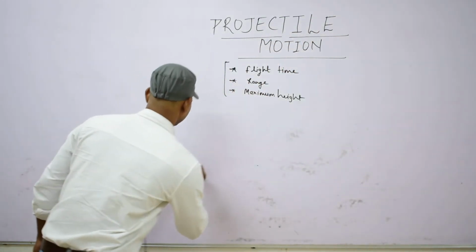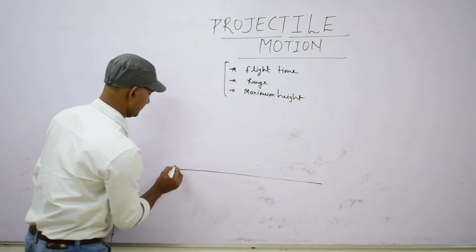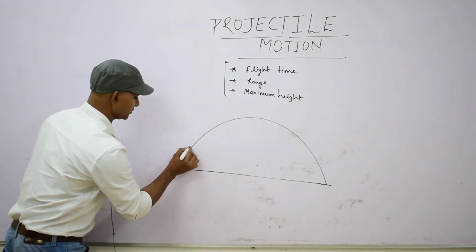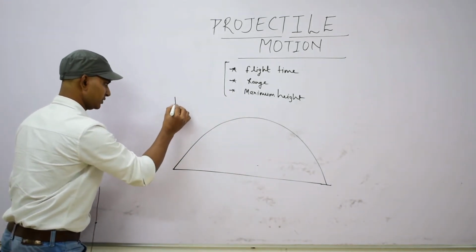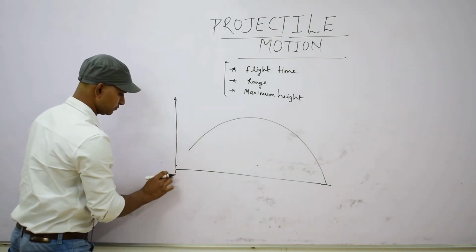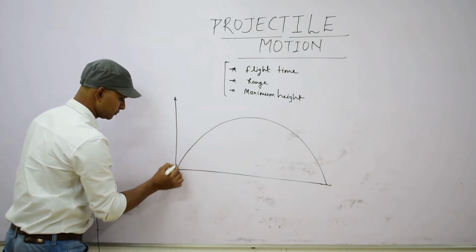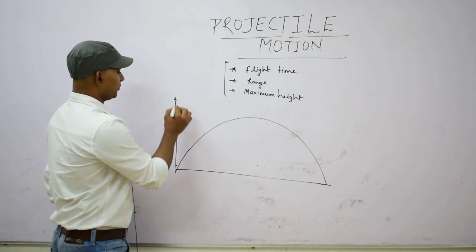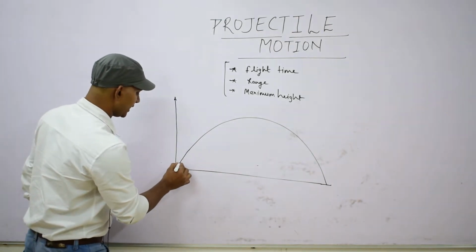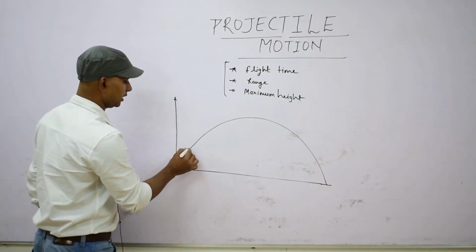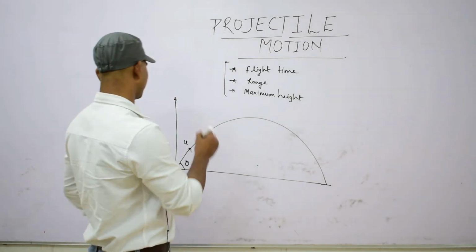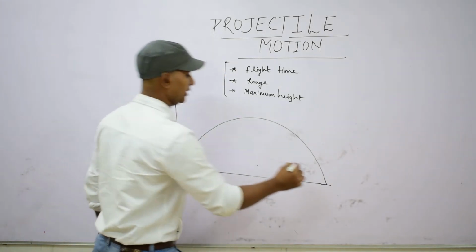So let's suppose this is the case of our projectile motion, which is known as oblique projectile motion. Let's suppose a body is thrown making an angle theta from horizontal, and the velocity is u. This is y, this is x.